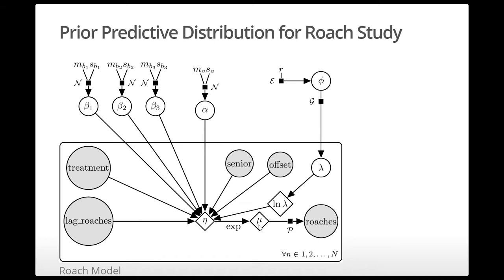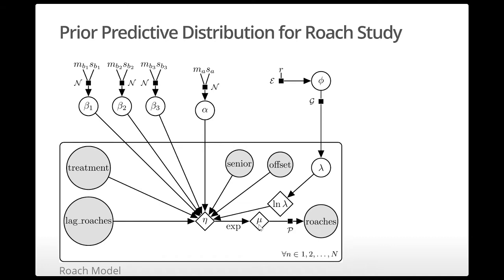All right. So everything in the square here is indexed by n. In general, any two buildings don't have to be the same. They're going to have different numbers of previous roaches. Some are treatment, some are control, and some buildings are senior buildings, others are not. So we want to take each of our predictor values, multiply it by the corresponding slope, and add those all together along with the overall intercept.